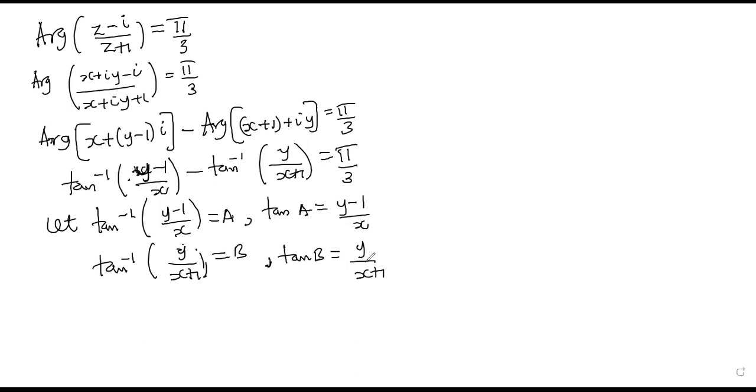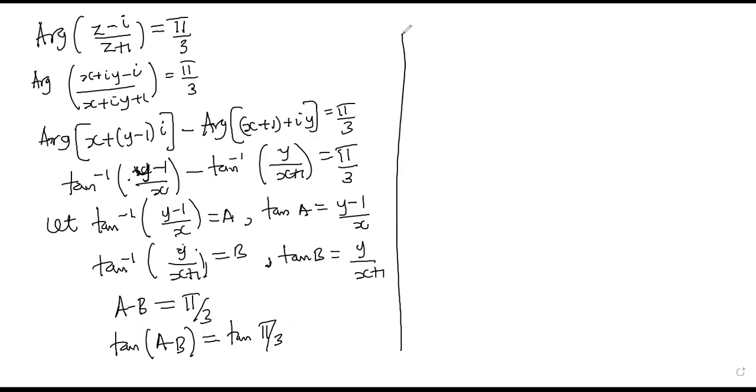So since this one I let be A, and this one I let be B, it means that I have A minus B is equal to pi/3. When you take tan both sides, tan(A minus B) will be equal to tan pi over 3.